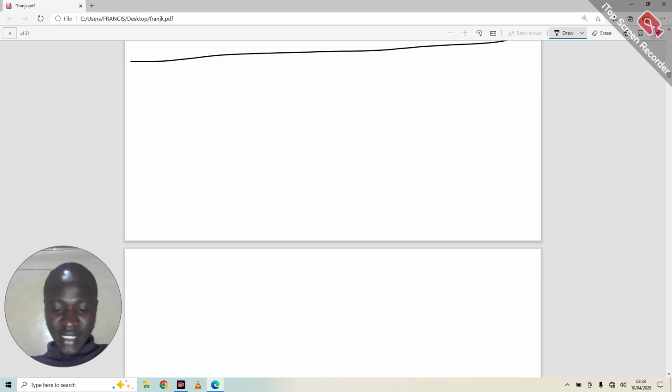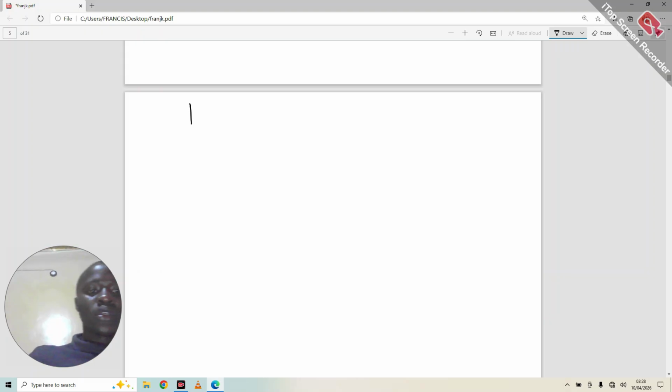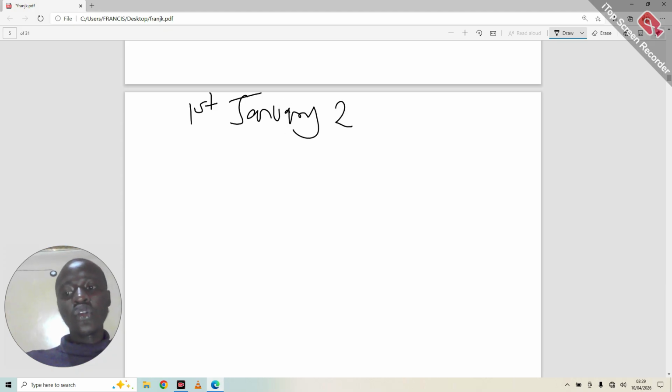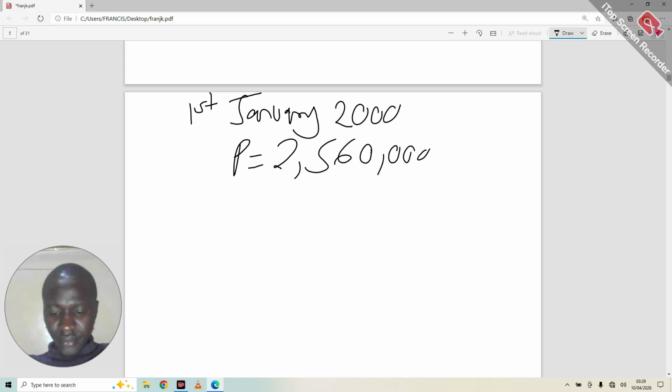So let's analyze the price of a piece of land on 1st January 2000. 1st January 2000 was 2.56 million. That refers to our principal. In the year 2000, that very same year, its value appreciated.